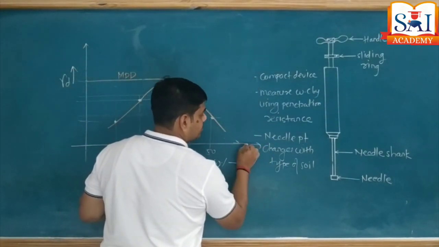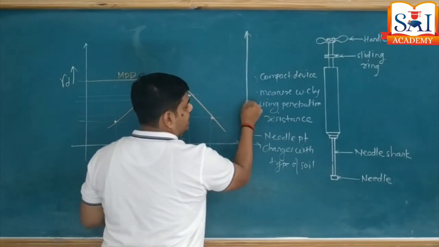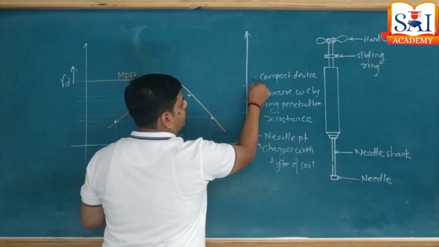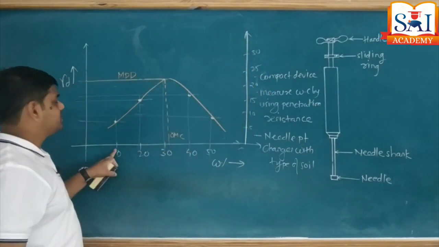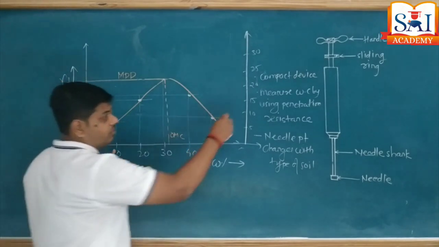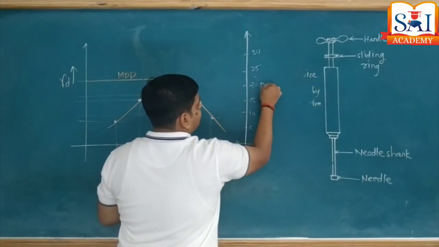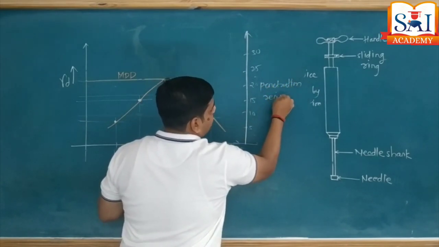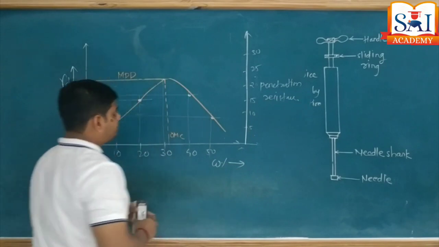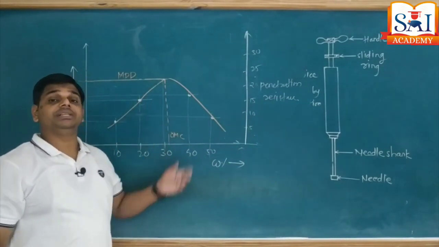Here we'll extend like this, say 5, 10, 15, 20, 25, 30 and so on. For the first trial, this vertical axis is for penetration resistance. Suppose for the first trial when water content is less, I said resistance offered is higher.